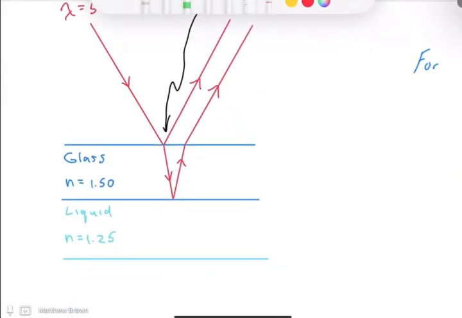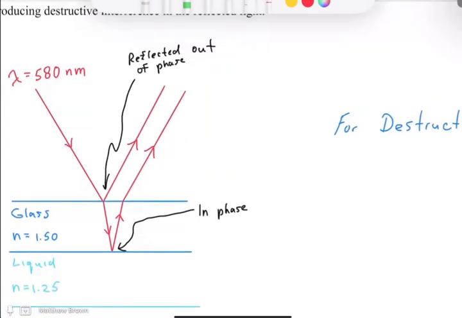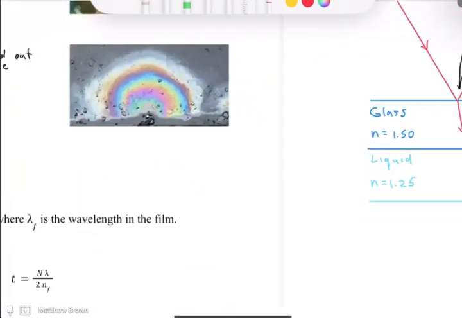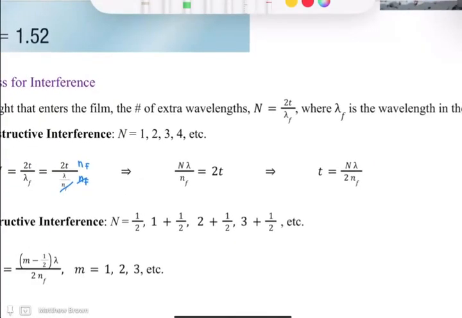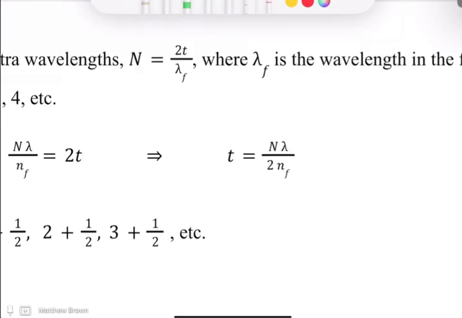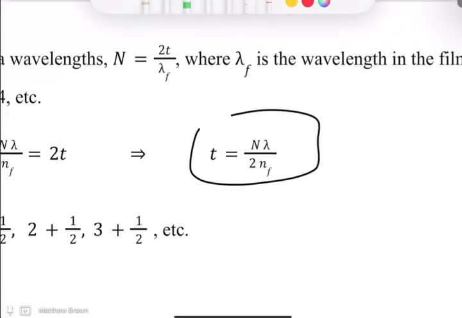And this one here, though, when I've got glass going to liquid, which has a smaller index of refraction, this is reflected in phase. So I'm dealing with a half lambda difference. So that means if I want destructive interference, I'm flipping these equations. So I look at the normal equation for constructive interference, which is that one here, and I'm good to go.